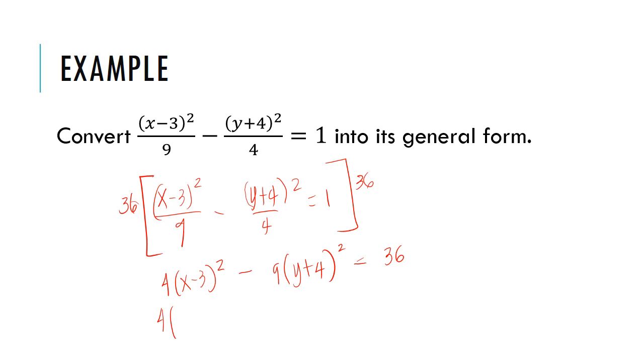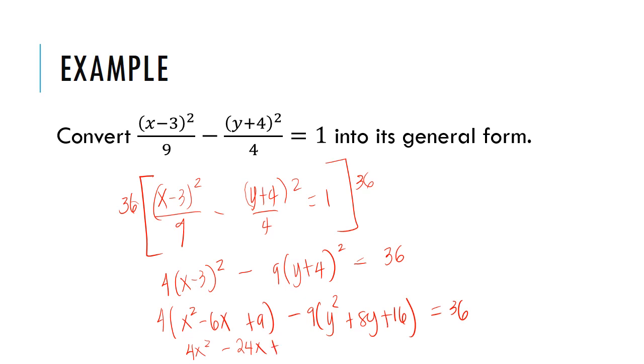By expansion, it would become x squared minus 6x plus 9, minus 9 times y squared plus 8y plus 16, equals 36. And this simplifies to 4x squared minus 24x plus 36 minus 9y squared minus 72y minus, what's 9 times 16, that is 144.